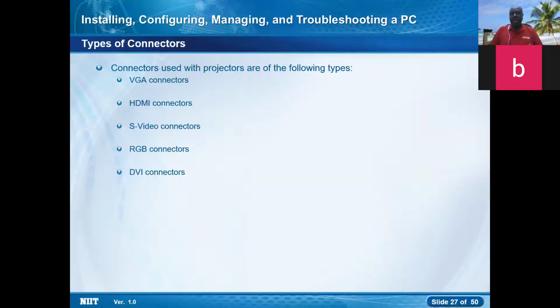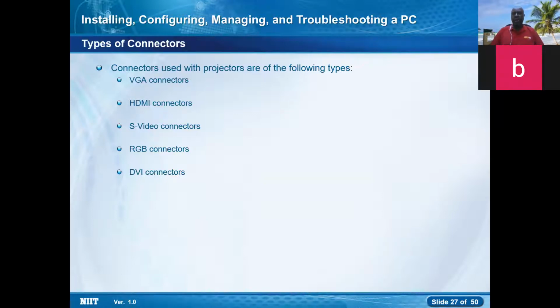We had explained last time that a computer system is made up of different hardware devices. The hardware devices that are connected to the CPU or central processing unit by means of cables are referred to as peripheral devices.